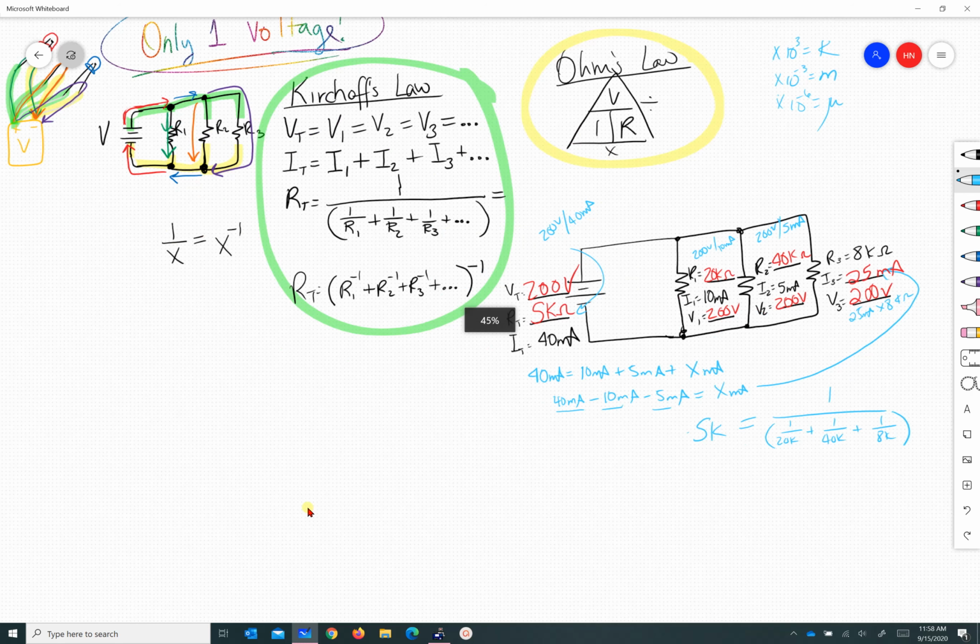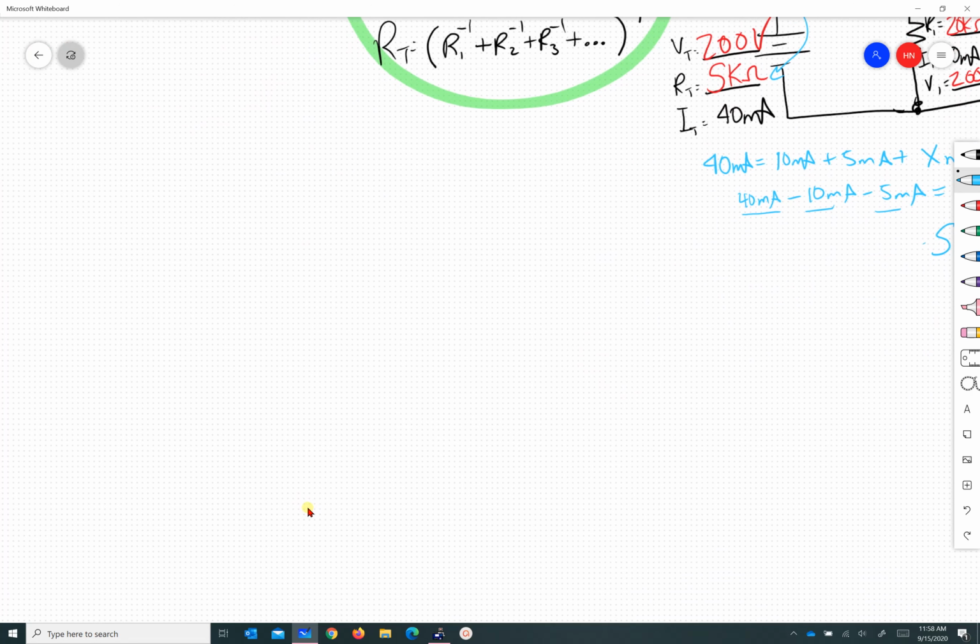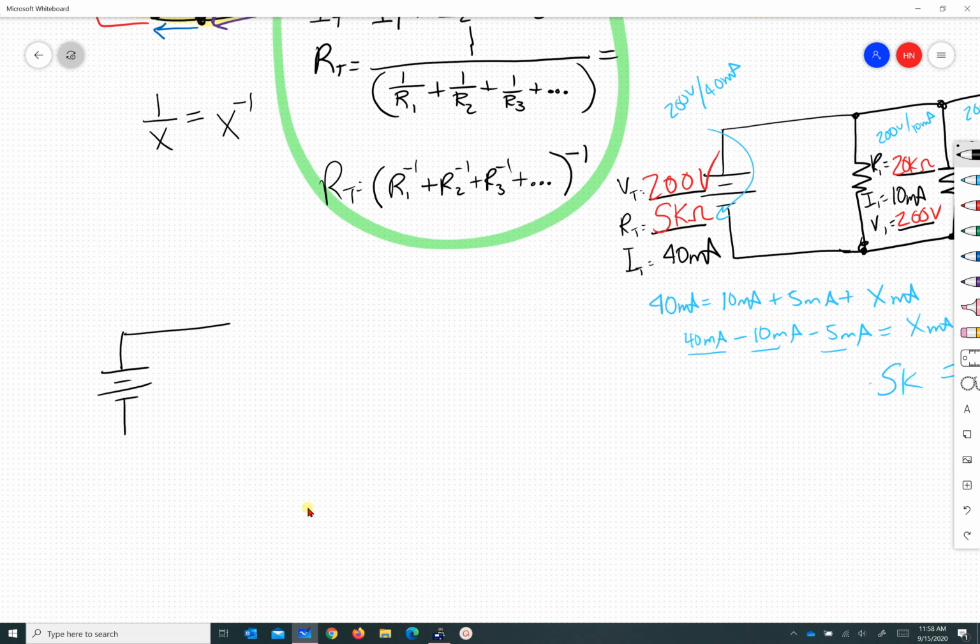I just wanted to show one last little tip and trick. Because the formula is just a ratio, I'm talking about the resistance formula, it happens to be that if you have two devices in parallel that are identical, I'm not even going to put a battery, I'm just going to leave it like that.